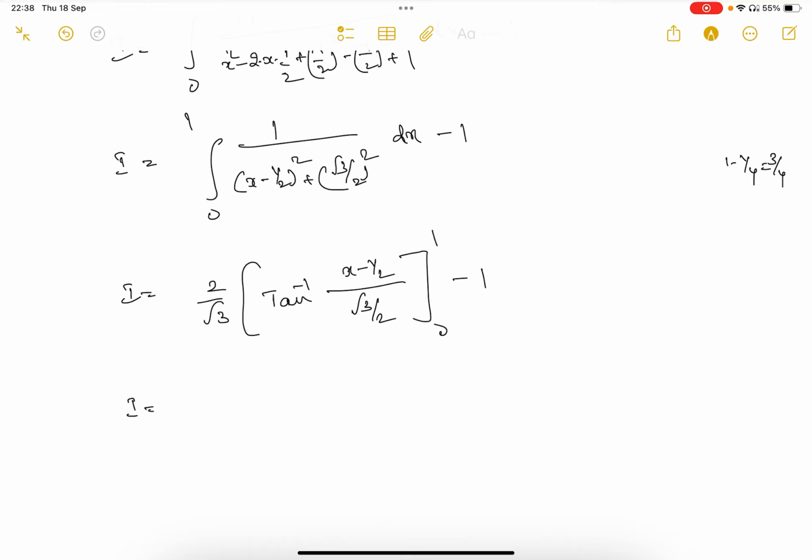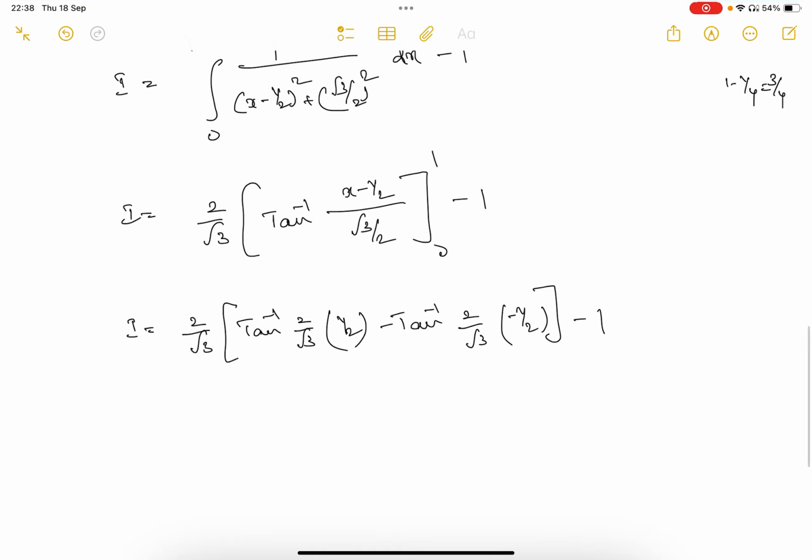Then this will be I equal to 2 by root 3 into tan inverse of 2 by root 3 into, when x equal to 1, this will be 1 minus half, minus tan inverse 2 by root 3 into, when x equal to 0, this will be minus half, minus 1.